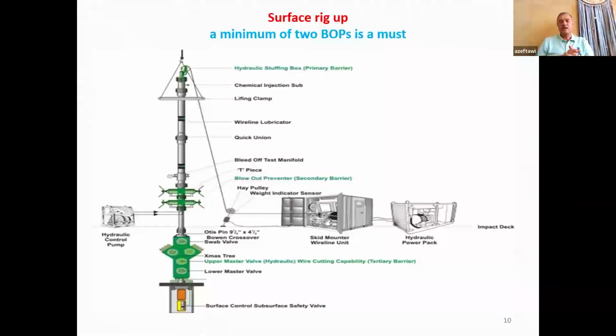What you see here is a typical rig up of a slick line, where you see the Christmas tree, and you have here the BOP and some sections of riser or lubricator, and we have here the stuffing box.